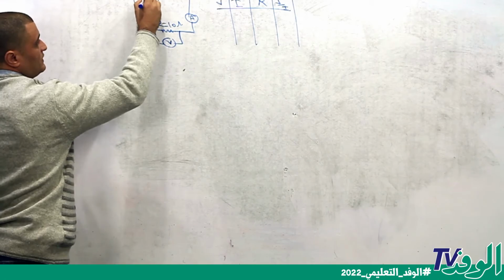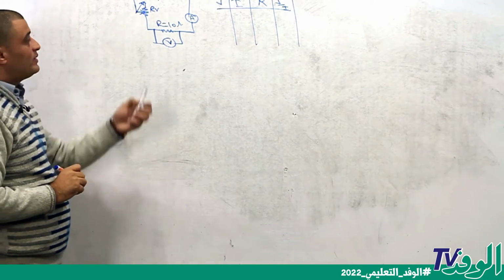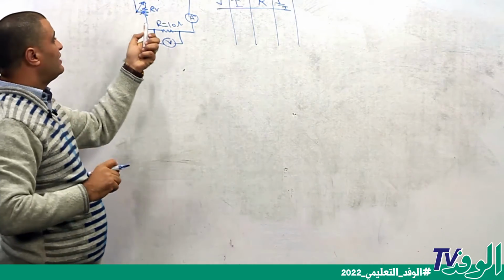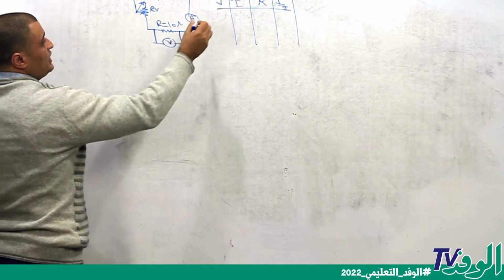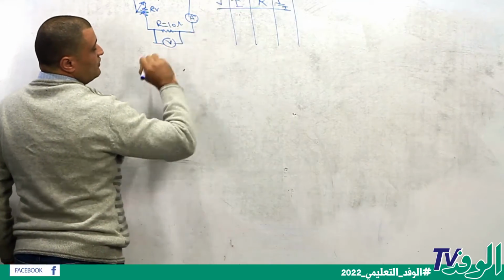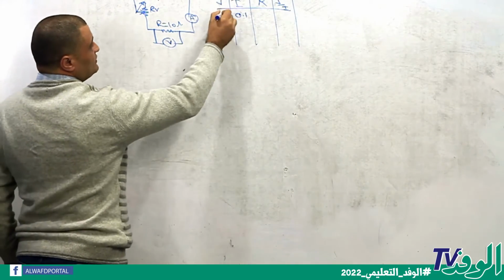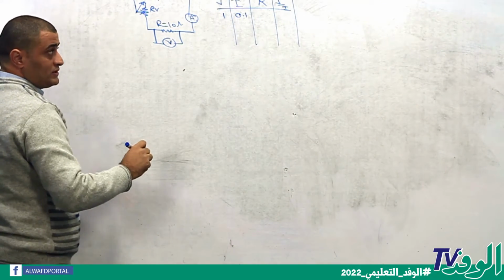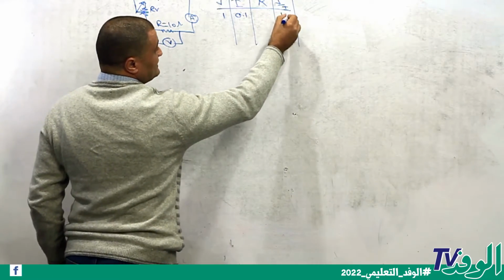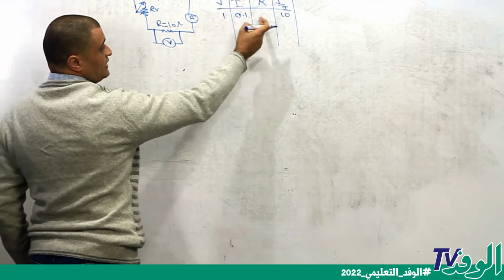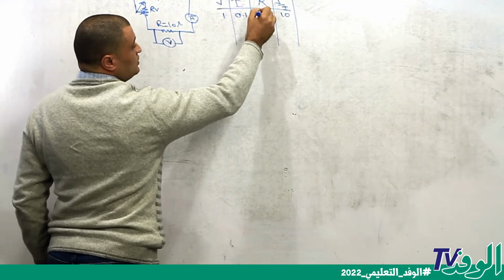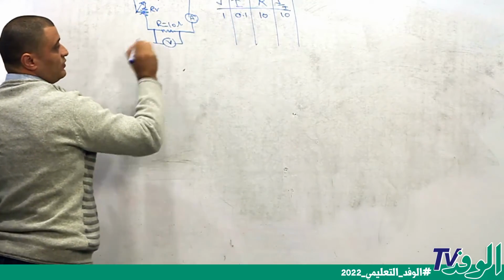So the slider will begin from the beginning of the RV. Here we will have an electric current. The ammeter reading equals 0.1. The voltmeter equals 1 volt. So the ratio between them equals 10. V over I equals 10, which is equal to R, 10 ohm.